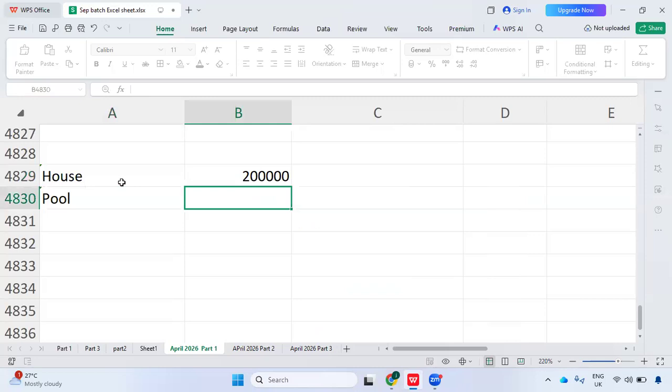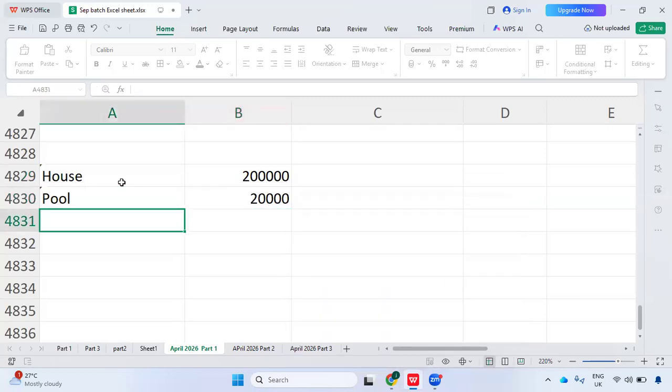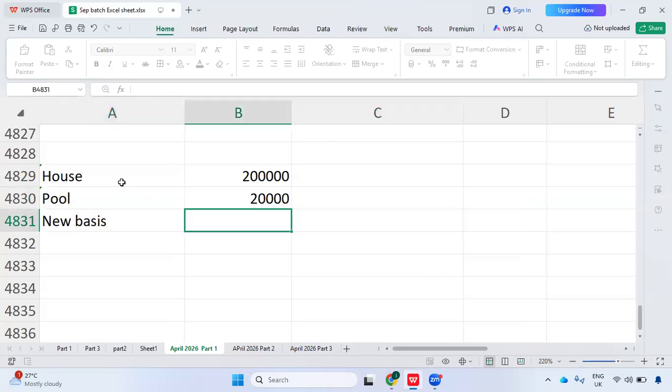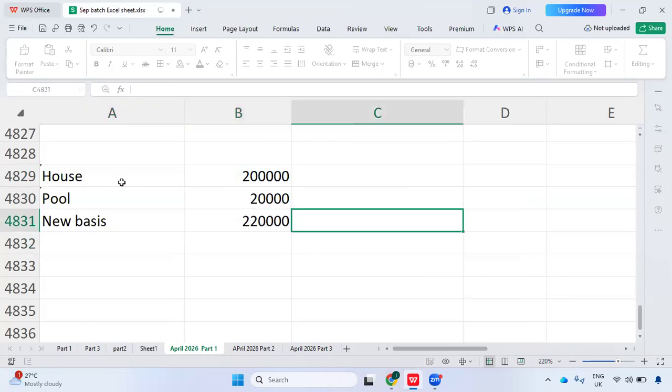For the pool, the taxpayer paid around $20,000. What will be the new basis in this case? Can we add the pool expenses of $20,000 to the basis? Yes, because this increases the value of the asset, right? So in this case, the new basis will be $220,000.